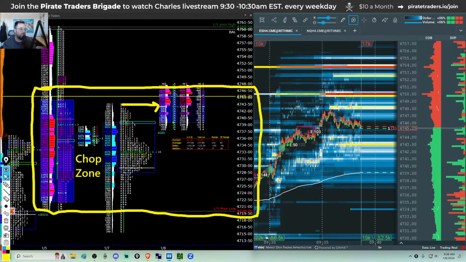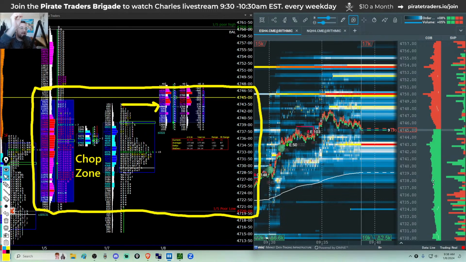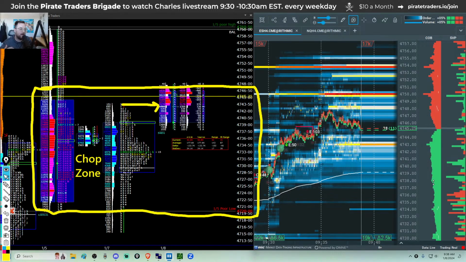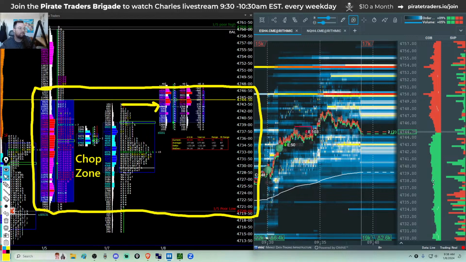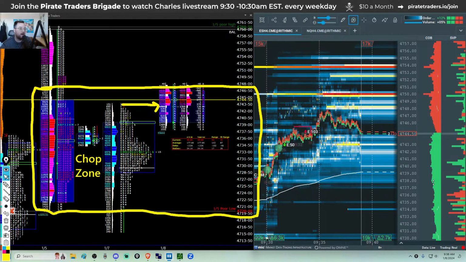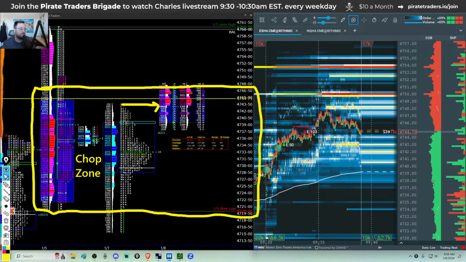FOMO is weak hands. They're traders that are buying at the high that can easily be squeezed if the market pulls back. Whereas the traders who buy the pullback, who buy the support, they are stronger hands that can be trusted. So it is nice to see volume up here. It is nice to see new buying, but we need to test support. We need to give those stronger hands a chance.